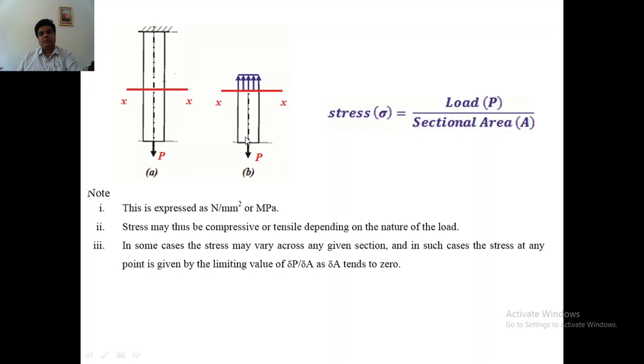So you resist, you oppose studying for 3 or 4 hours. Similarly, the material also, as you go on increasing the load, goes on resisting or opposing that force depending on its strength.